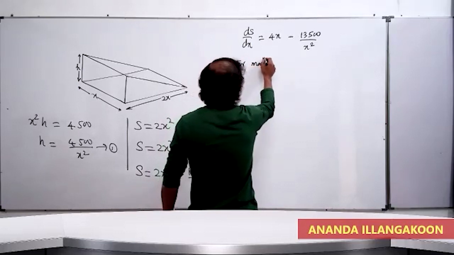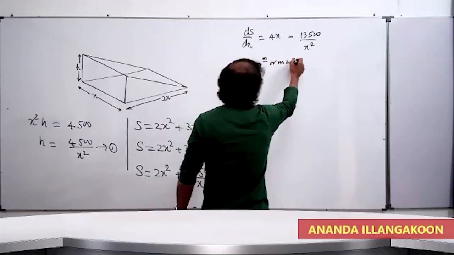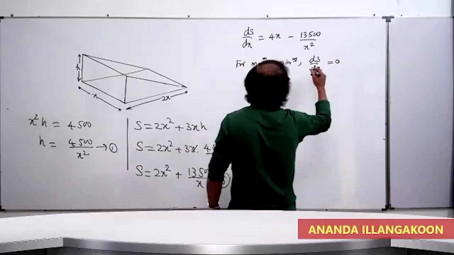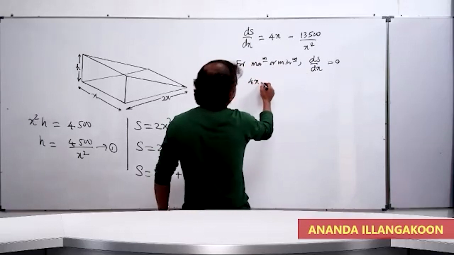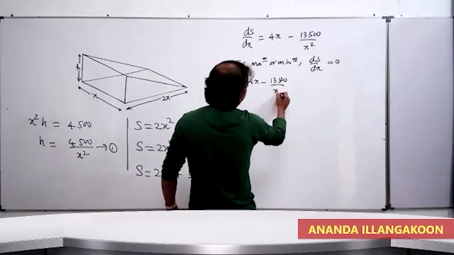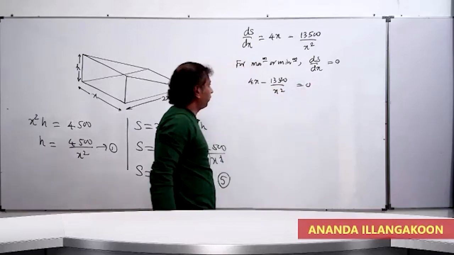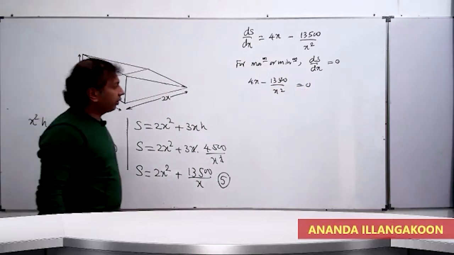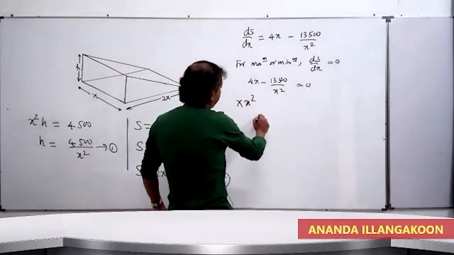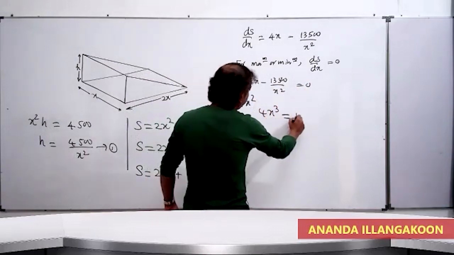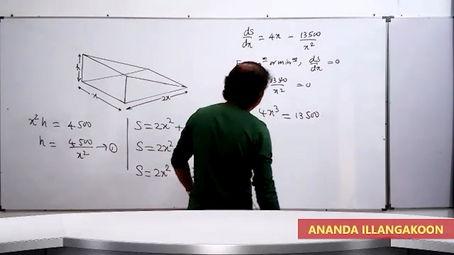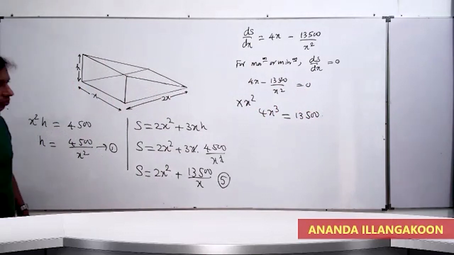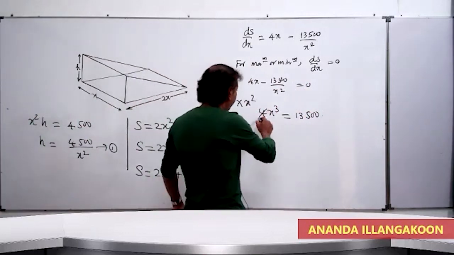For maximum or minimum, dS by dx equals 0. This way we get, multiplied by x squared, 4x cubed equals 13,500. Cancel down by 4.